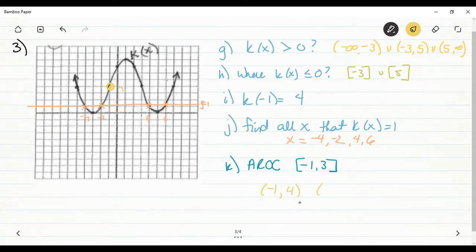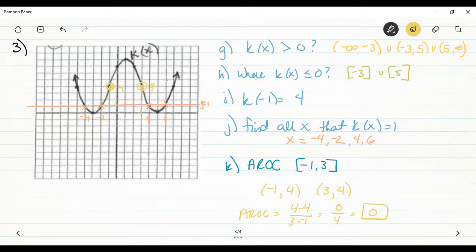And the second part of our interval, our ending point, 3, which is here, our coordinate is also at 4. Average rate of change is the difference in our y's over the difference in our x's. We get 0 over 4, which is equal to 0. So our average rate of change equals 0.